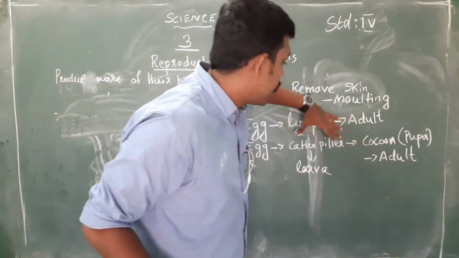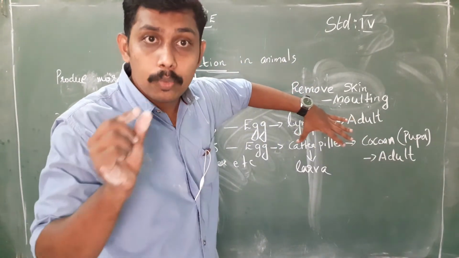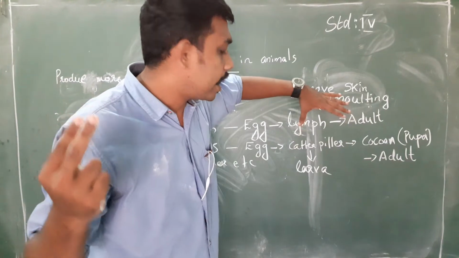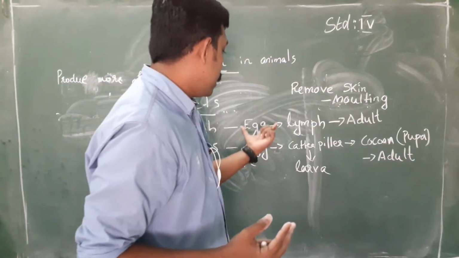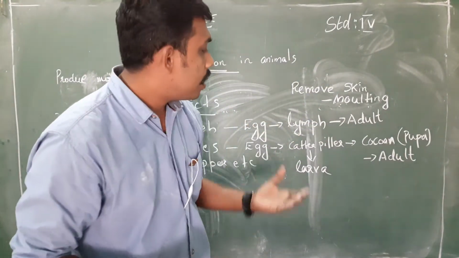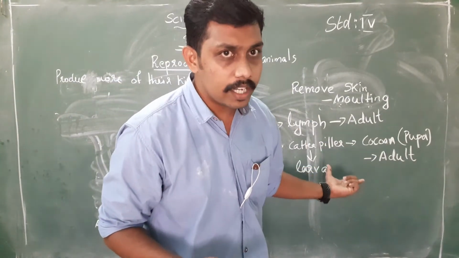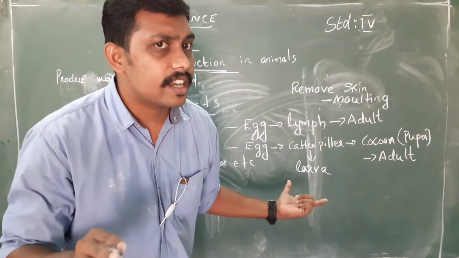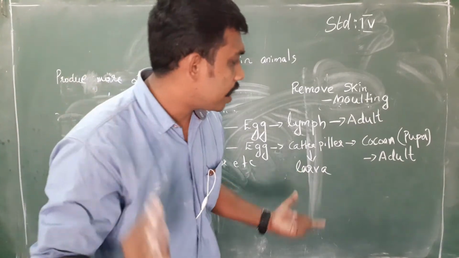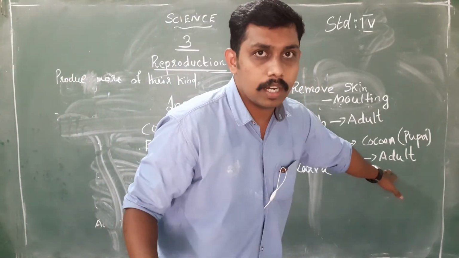Okay, it is like a what? A caterpillar. So before hatching, what happens? The caterpillar is formed. Okay, it is entirely different from the adult butterfly.